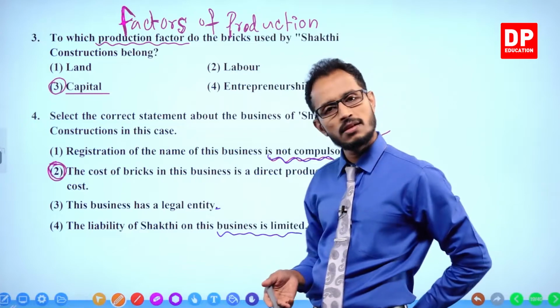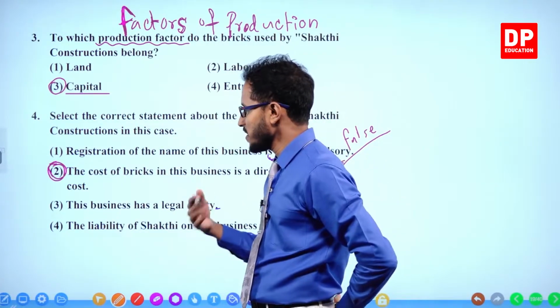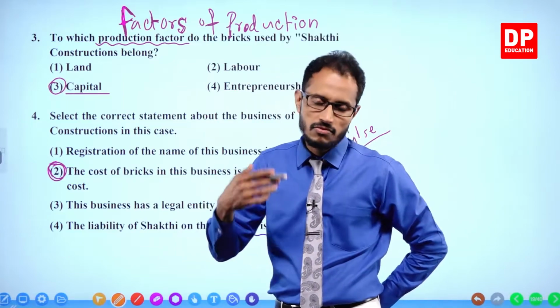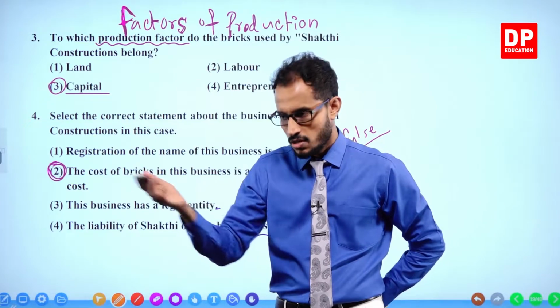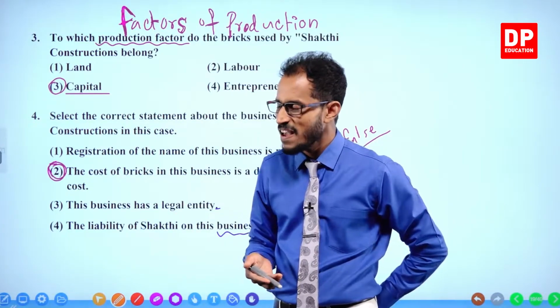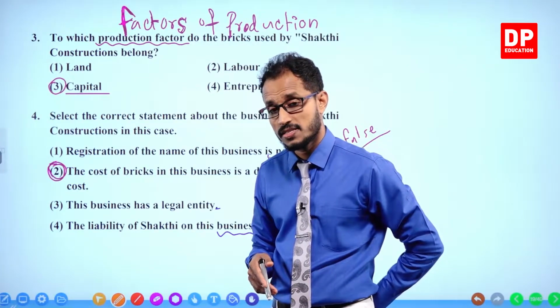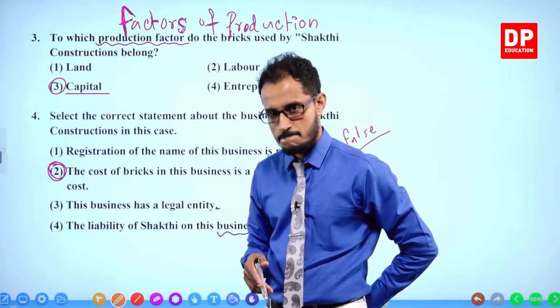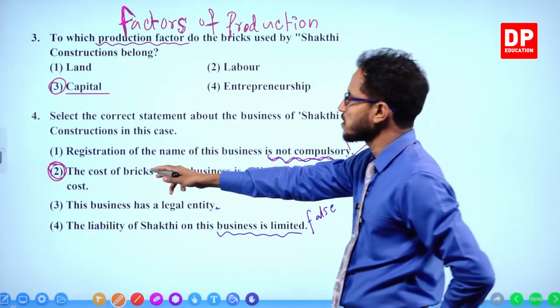No, bricks. So one of the very primary materials used for production of houses is bricks. Then bricks become the direct material in this business. Cost of bricks is a direct production cost.